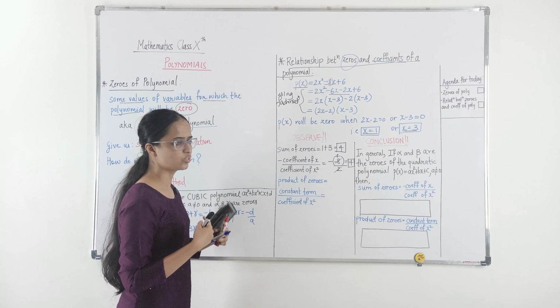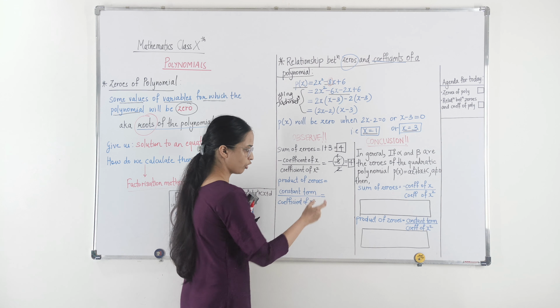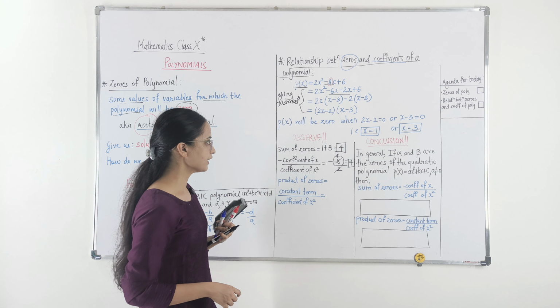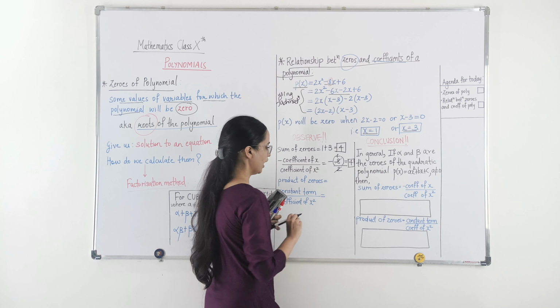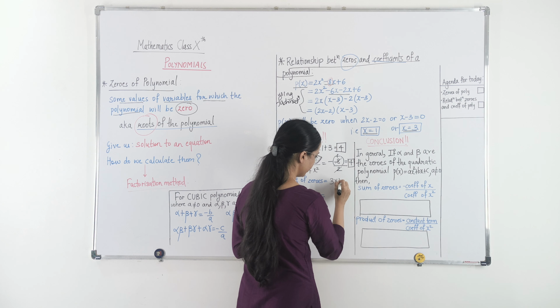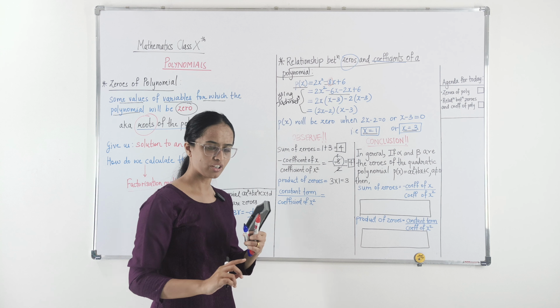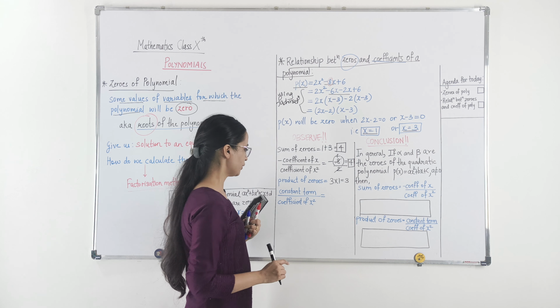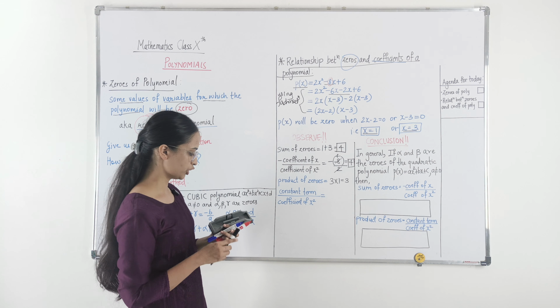Now similarly, there is one more thing. We are going to see what would be the product of the zeros. So let us calculate the product of the zeros. Product of the zeros is 3 into 1, which is equal to 3, because 1 and 3 are the zeros. If you take their product, it comes out to be equal to 3. Now let us take the ratio of the constant term and the coefficient of x square.